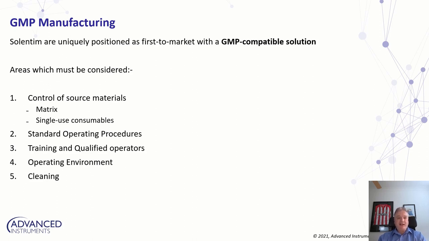But other things I'm not really going to cover today, but would be in our deep dive discussions under NDA, are helping you with standard operating procedures to implement on your own site, and maintain and develop your own SOPs. The importance of training, and GAMP5 qualified training from our side, and proper training of all of your operators who will use the system.